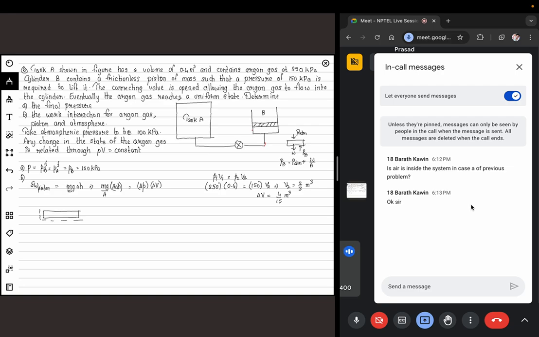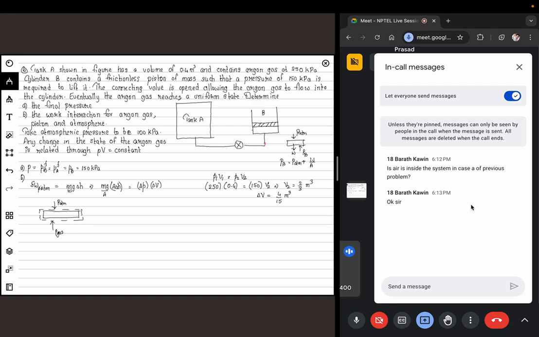The atmosphere is trying to push it down and the gas is trying to push it up. This is the atmosphere one and this is the gas one. Because of the net effect, the piston is actually moving upwards.